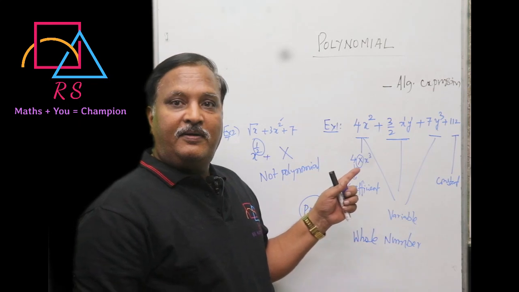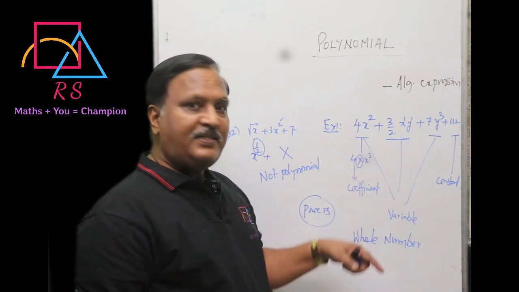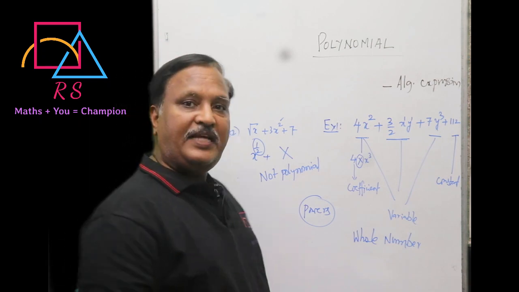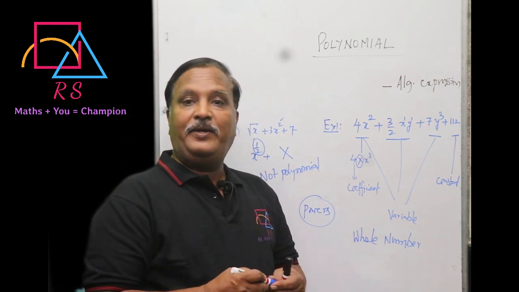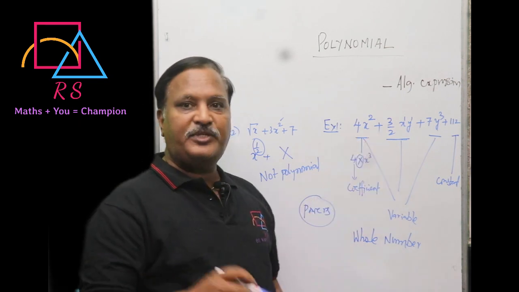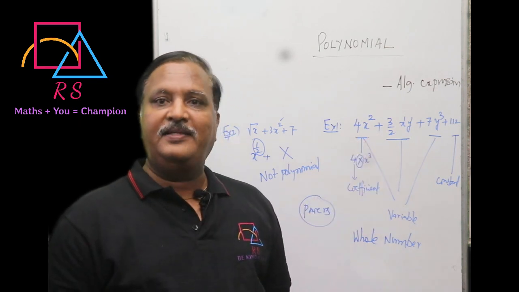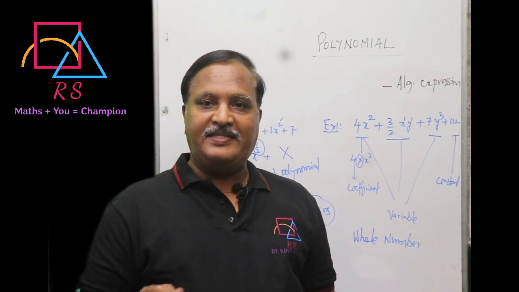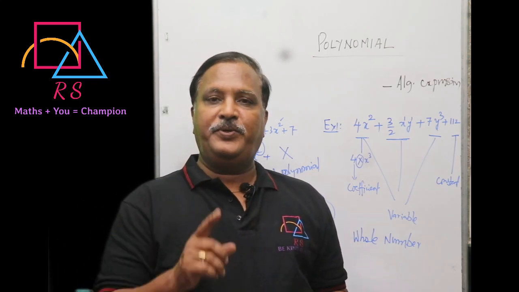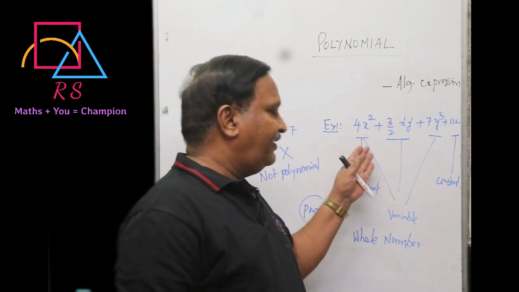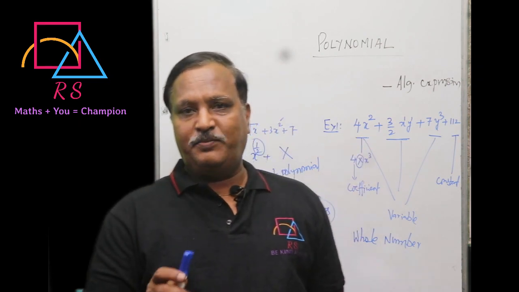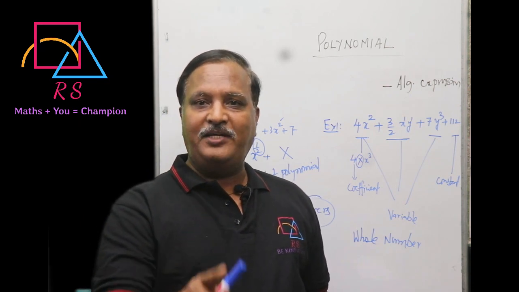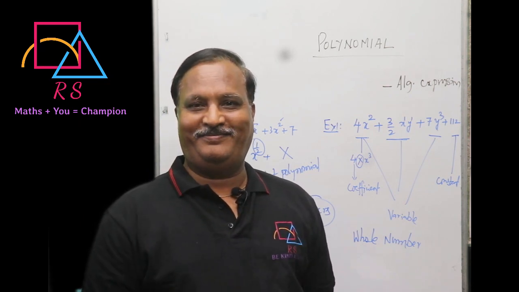So it is better to always write every polynomial in standard form. When you write an algebraic expression in standard form, you will come to know the powers of the variables, and by seeing them you can identify whether it is a polynomial or not. What is standard form? I will explain in my next video.